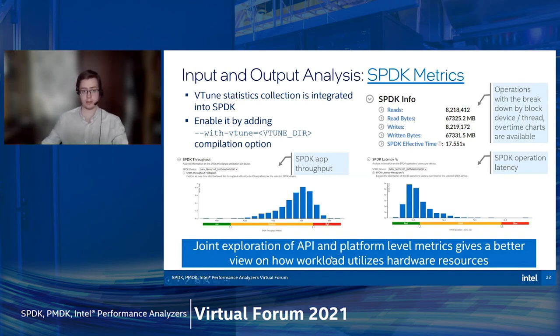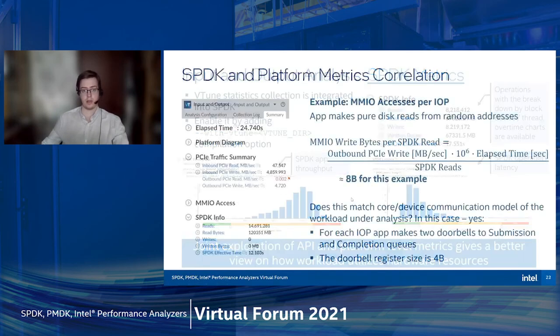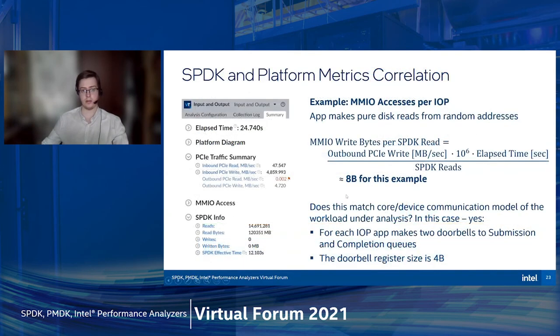And the joint exploration of these API level and platform level metrics gives you a better understanding of how effectively the workload utilizes the hardware resources. So let me demonstrate that on this simple example. Let's assume that we have this simple application that makes pure reads from the NVMe SSD.